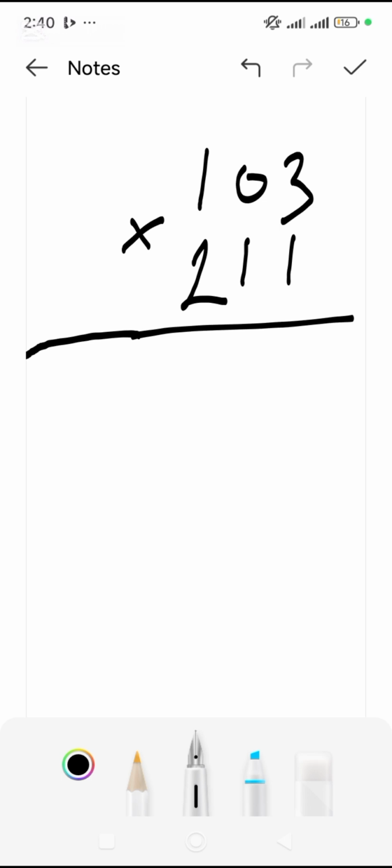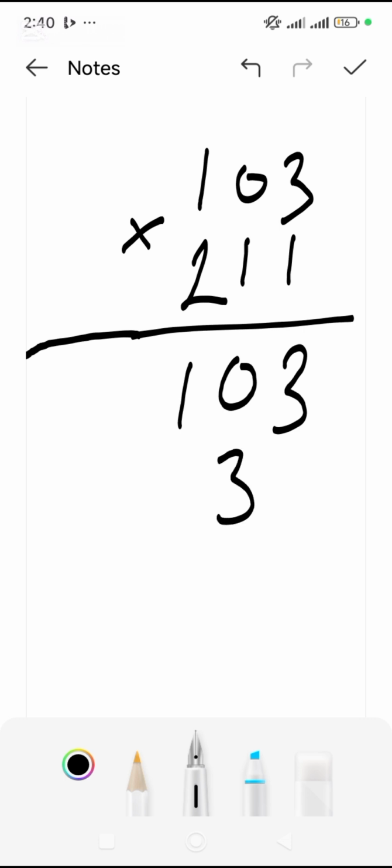1 times 3 is 3. 1 times 0 is 0. 1 times 1 is 1. We move to the second digit. 1 times 3 is 3. 1 times 0 is 0. 1 times 1 is 1. 2 times 3 is 6. 2 times 0 is 0. 2 times 1 is 2.